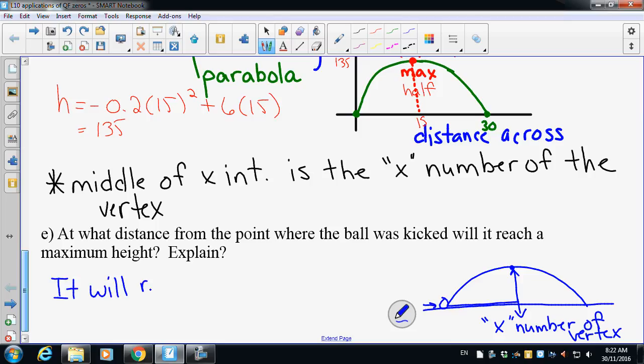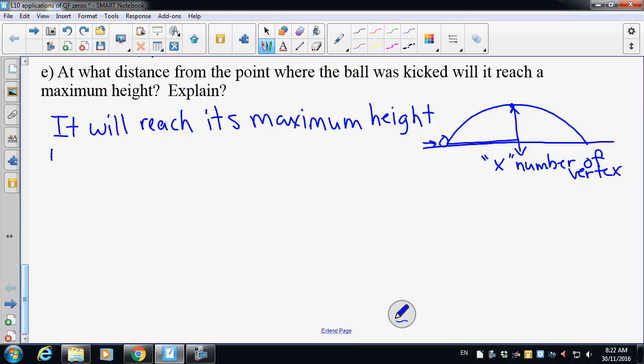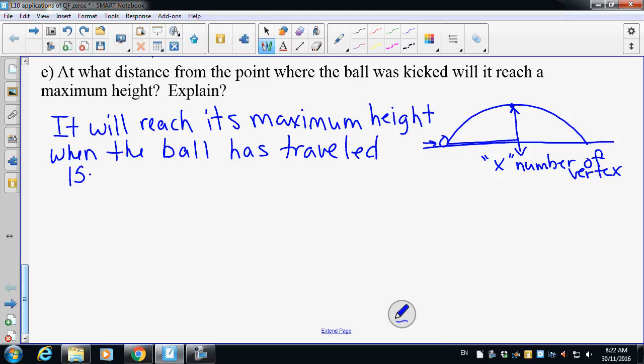So it will reach its maximum height when the ball has traveled 15 meters across the field.